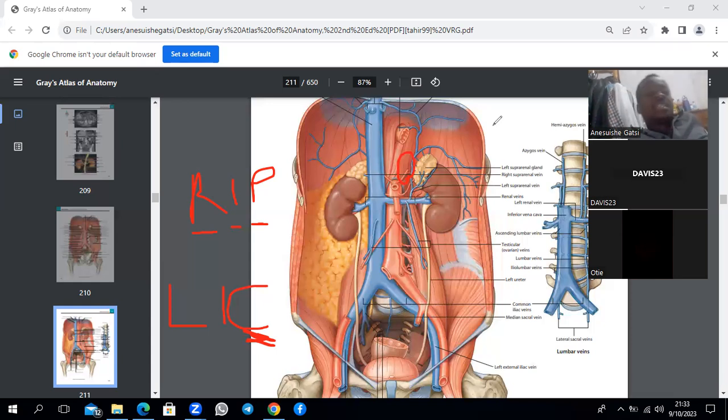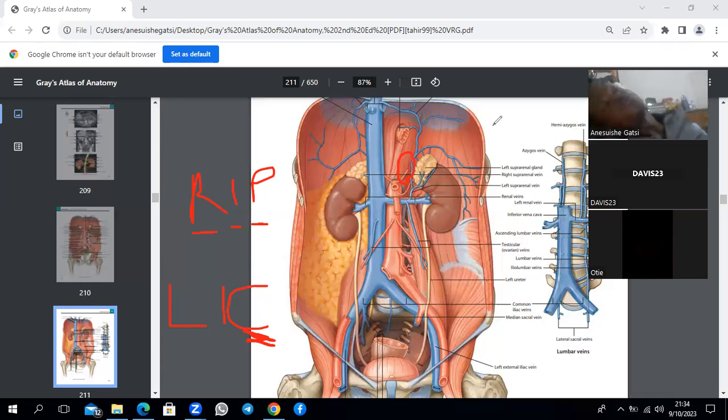Then for the kidneys, remember, they are part of your abdominal examination. So when you're doing an abdominal examination on a patient, you should be able to also assess for the kidneys. We do what we call balloting. You put your hand behind on their back, then you put the other hand on the front. So you try to squeeze in between your hands so you can ballot the kidneys and see if they are ballotable.